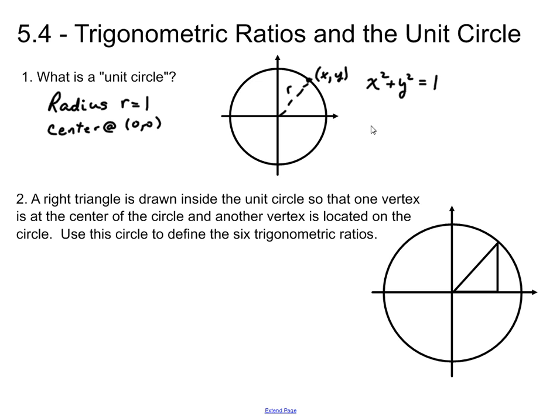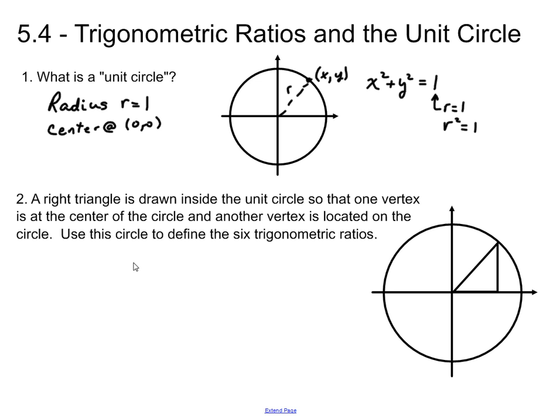We might remember from earlier that we talked about equations of circles with some other center and some other radius, where x minus h squared plus y minus k squared equals r squared. So what we're telling you right here is that since r is equal to 1, the square of the radius is also equal to 1. And that's another thing that makes this a special relationship for us. So a unit circle is the kind of circle that has a radius of 1 and its center at the origin. That's it. That's our basic definition.